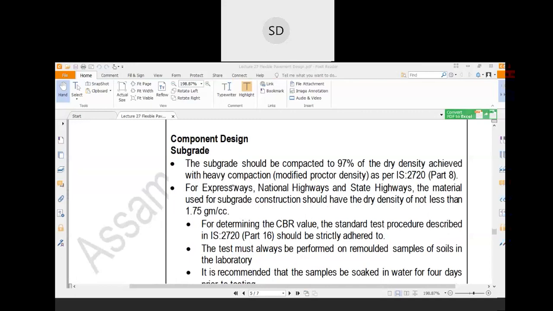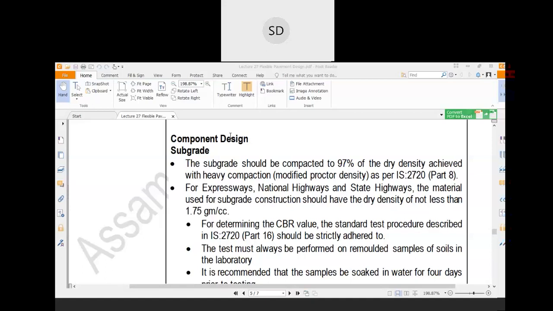Now coming to the next portion, that is the component design. So there are different components of the flexible pavements and how you design these different components of the flexible pavement. So first one is subgrade. Now this subgrade should be compacted to 97% of the dry density achieved with heavy compaction.